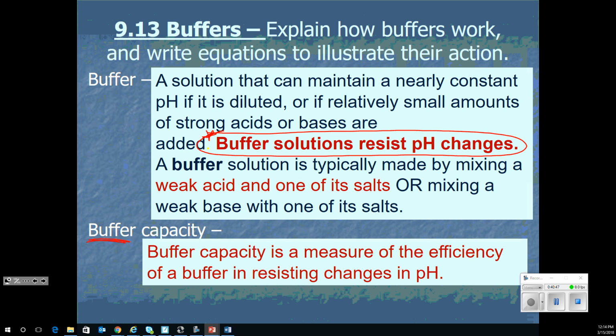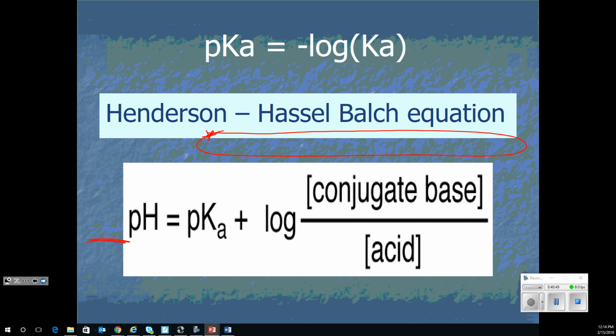Now, this next part is where you need to make sure you get this written down. This is what's called the Henderson-Hasselbalch equation. We are going to be using this. I had some who were struggling with this in the pre-lab for the buffer. pKa is just taking minus the log of the Ka. That's it. Anytime you put a p in front of anything, it's minus the log of it.